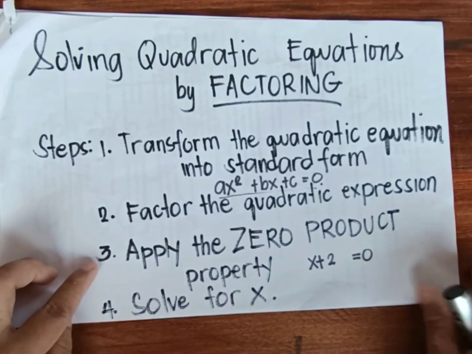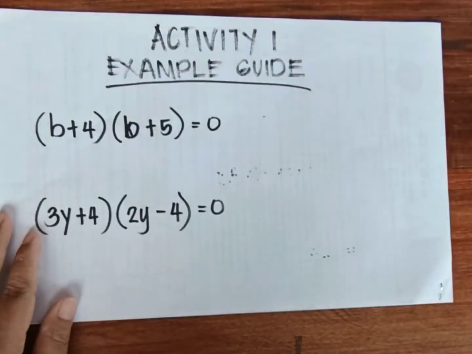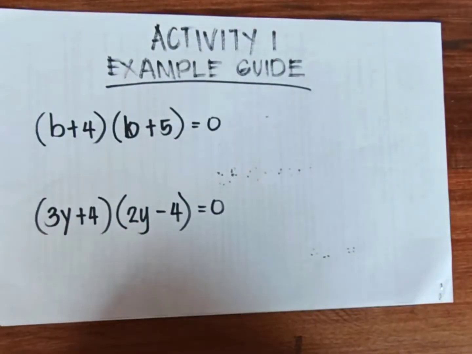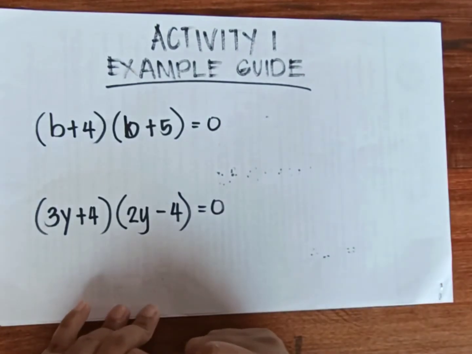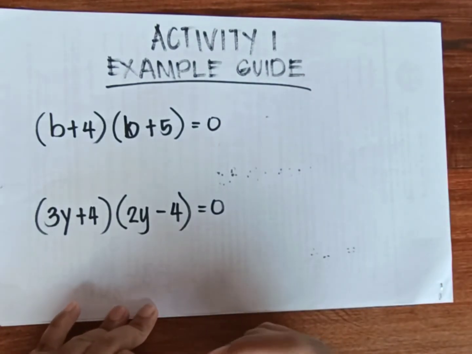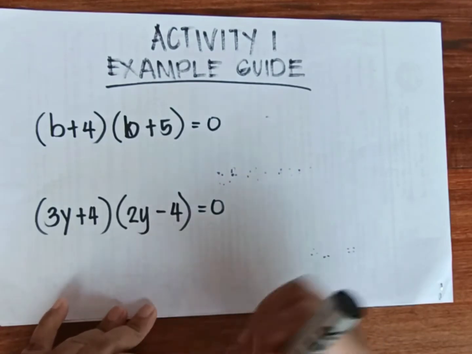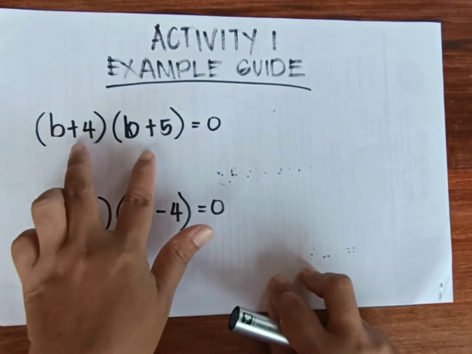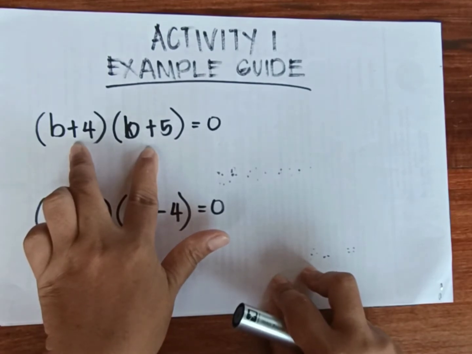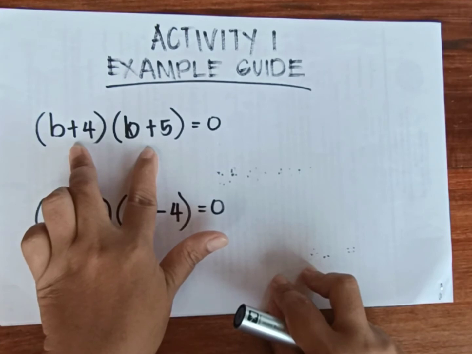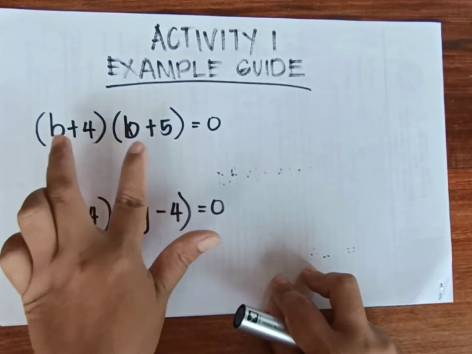Okay? So, how are you going to solve this? So, guys, step 3 says you are going to equate or apply the zero product property. Alright? So, since there are 2 factors here, it means you will be getting 2 answers for this problem.